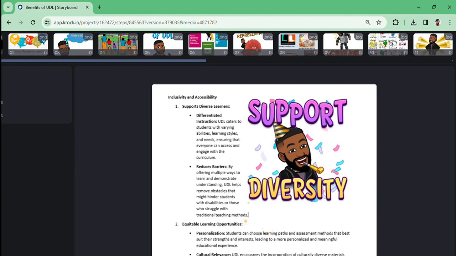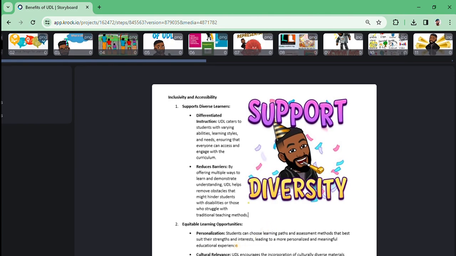As we were speaking before, UDL is all about removing the barriers in learning. So there isn't anything that would disadvantage a student who might have an impairment and cannot access their necessary content or resource. Right? So UDL is all about ensuring that we support the diversity in learning.